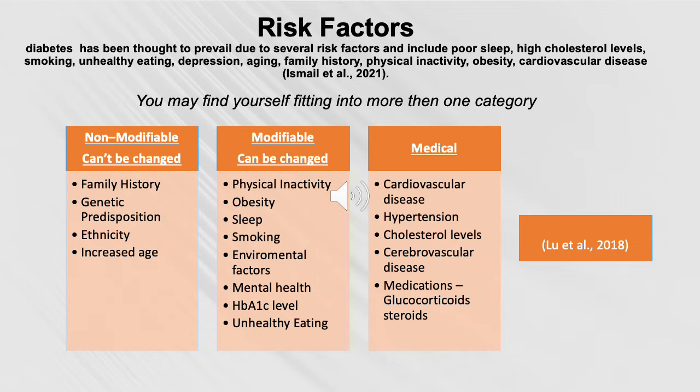Risk factors. Diabetes has been thought to prevail due to several risk factors that include poor sleep, high cholesterol levels, smoking, unhealthy eating, depression, aging, family history, physical inactivity, obesity, cardiovascular disease. You may find yourself fitting into more than one category. Non-modifiable can't be changed: family history, genetic predisposition, ethnicity, increased age.